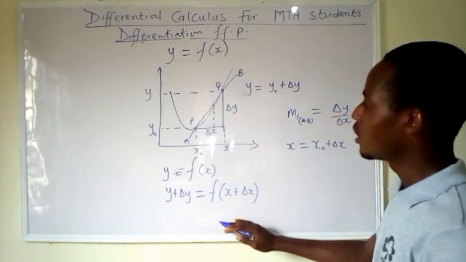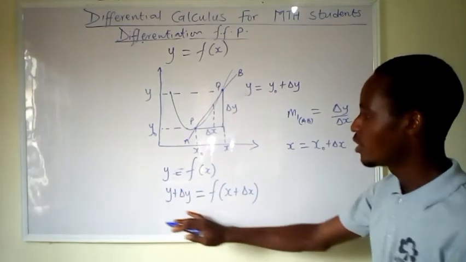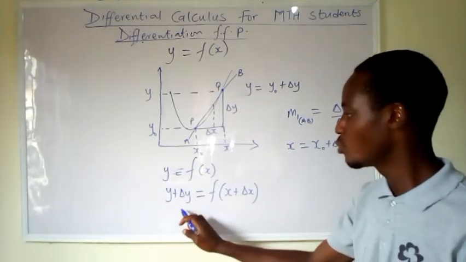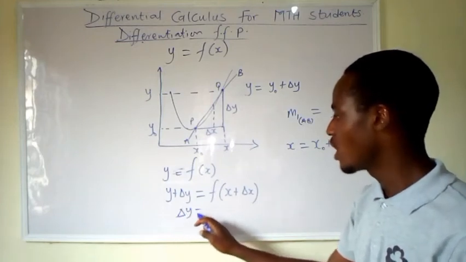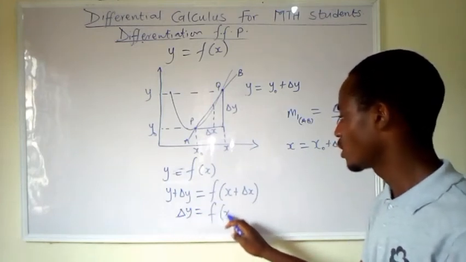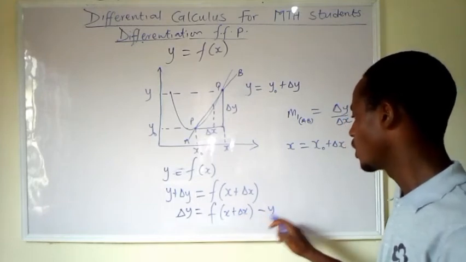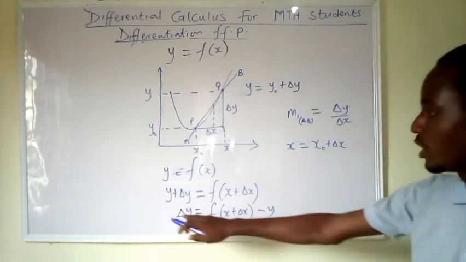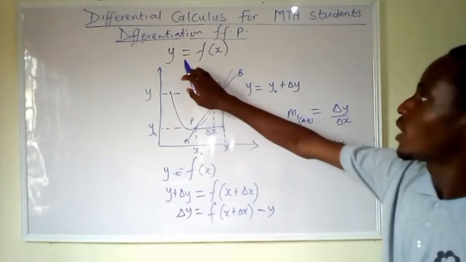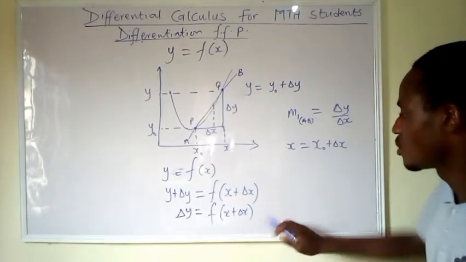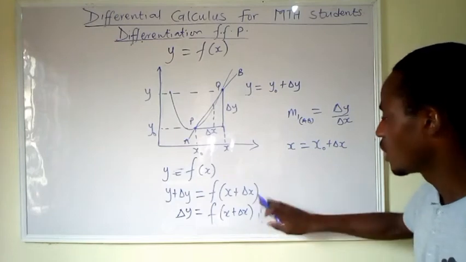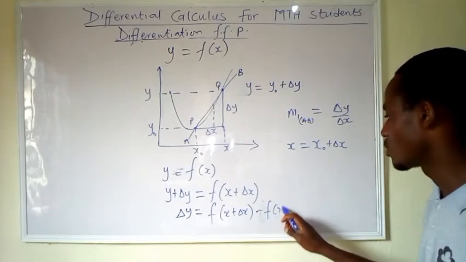Now, if I want to establish the value of my change in y here, I would have f of x plus change in x minus y. I brought this to this side, and y is equal to f(x), so I'm going to have minus f(x).